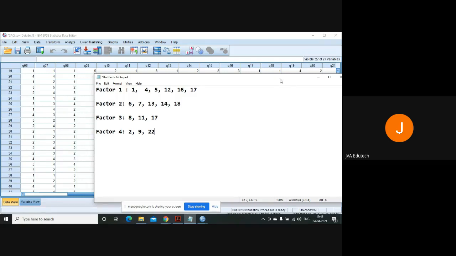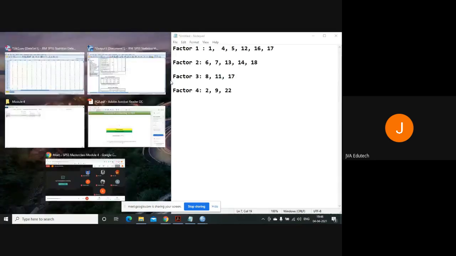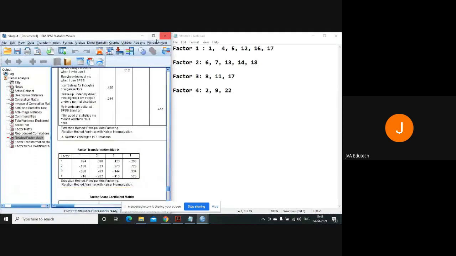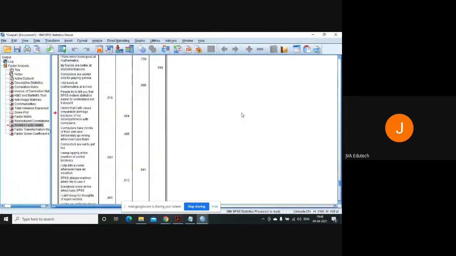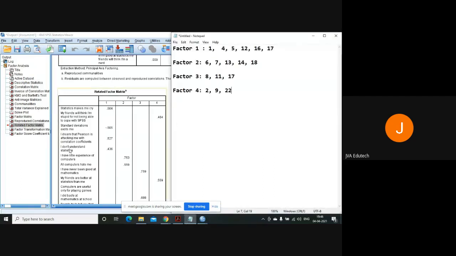So now let's start labeling factor 1. If you see all the items of factor 1, can you label them? Statistics makes me cry. What were the items? First, fourth: I dream that Pearson is attacking me with correlation coefficients.